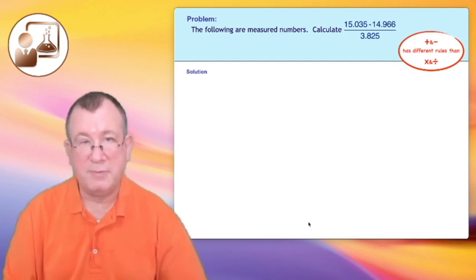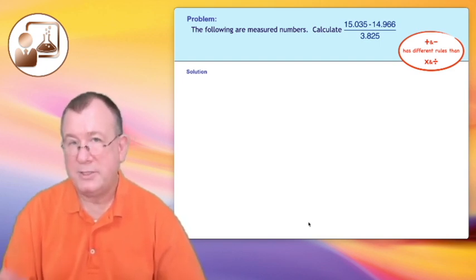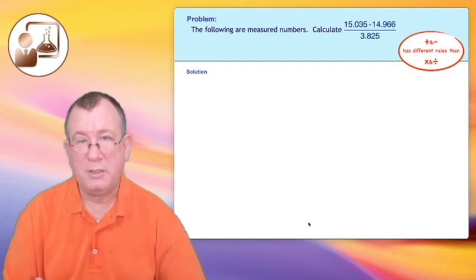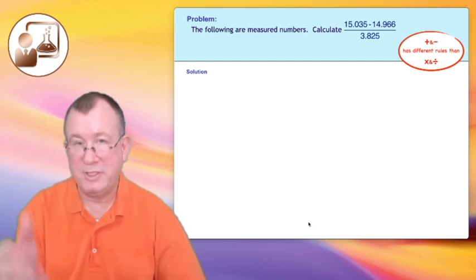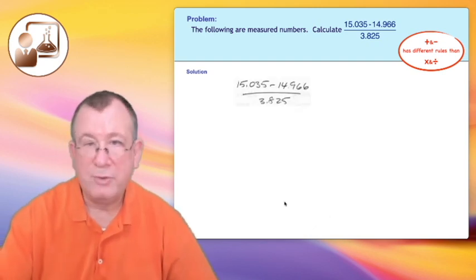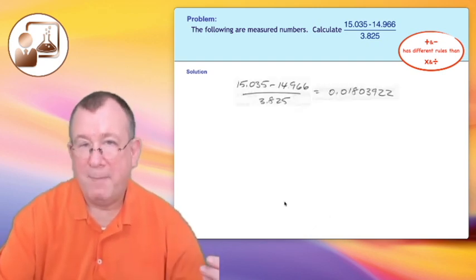Parentheses. Anything in parentheses comes first. Do you see any parentheses in there? Kind of. If it's a division written in that vertical format, anything above the line or below the line is in parentheses.